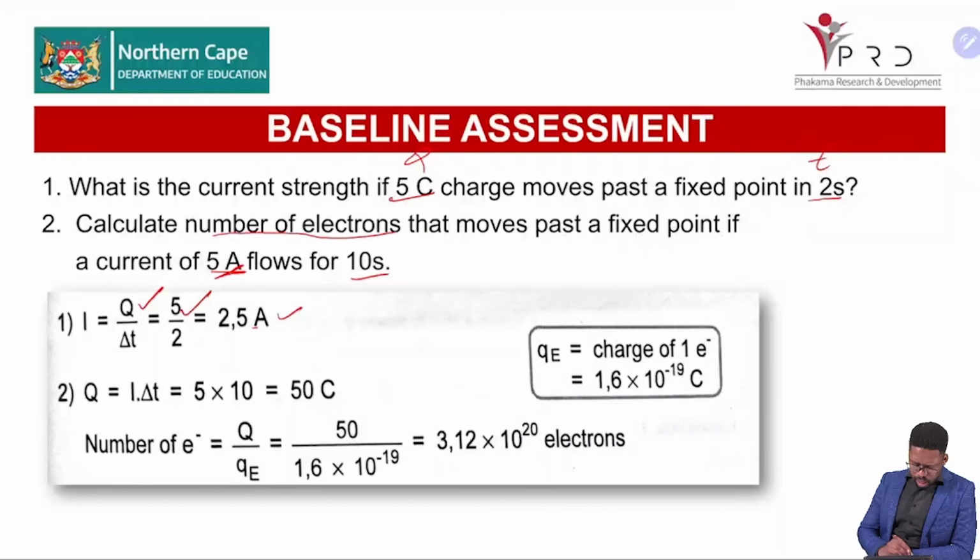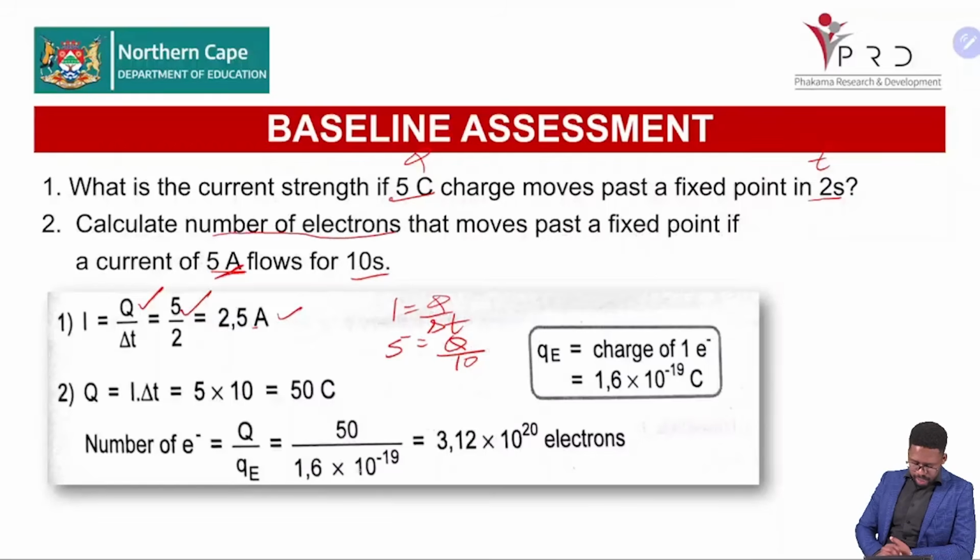So the first thing that we do, we can rearrange this formula. I is equal to Q over change in time. We are given the current, which is 5 amperes. And then we don't have the charge, but we know the time is 10 seconds. Then what do you do? You transpose divided by 10.